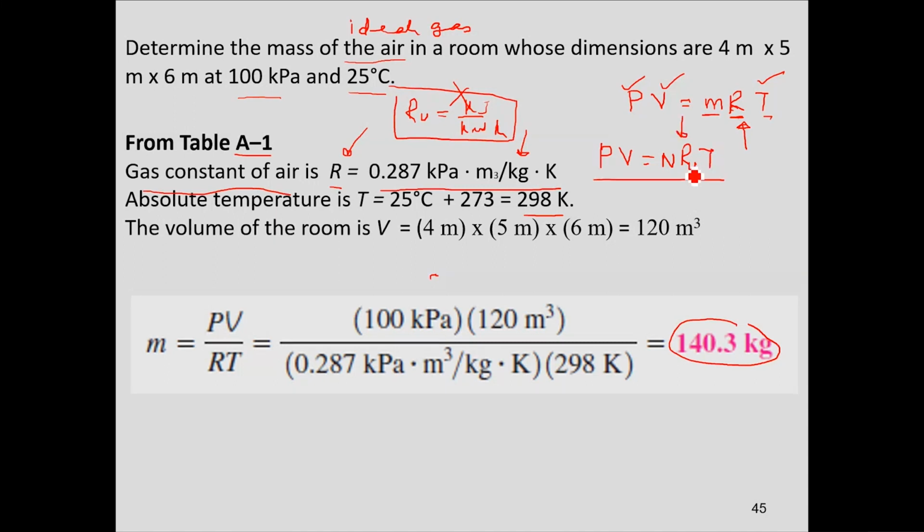Whenever you are using the ideal gas equation with the universal gas constant, you will use it in moles. Whenever you are using the ideal gas equation PV equals mRT, m refers to mass and R refers to the specific gas that you are talking about. We have covered it in the last lecture. Kindly go back and recall the lecture.